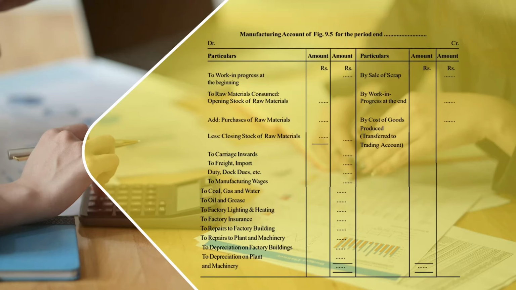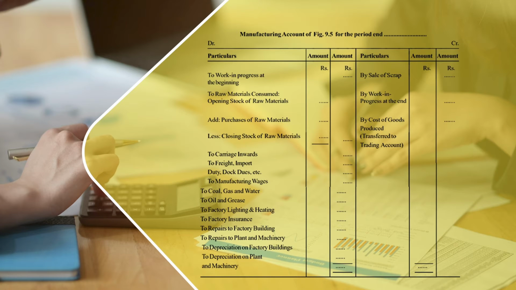The manufacturing account again has a debit and a credit side. The left hand side is known as the debit side and the right hand side is known as the credit side. Let us discuss the debit side of the manufacturing account first.